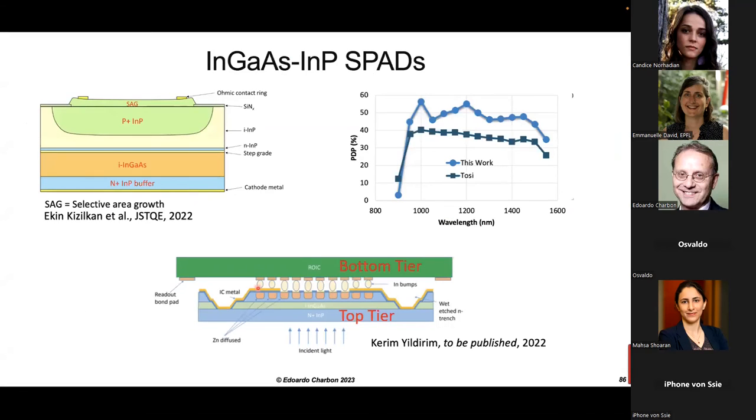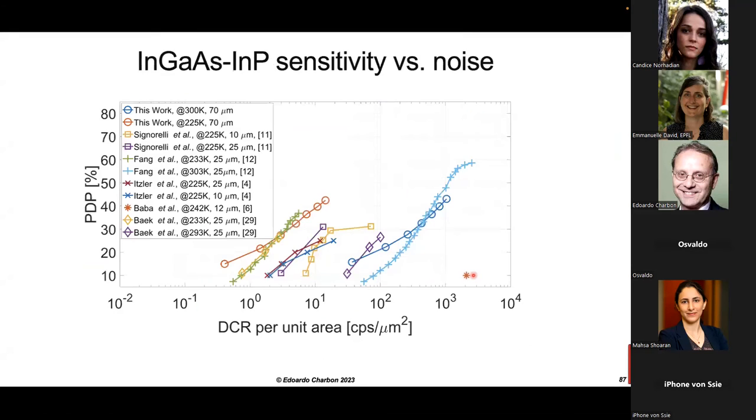This is one that we built in collaboration with NRC in Canada, with a PDP of 50% up to 1.6 micrometer wavelength. And this is the bottom tier that can support up to 96 by 96 detectors. Here you can see a comparison between state-of-the-art InGaAs and indium phosphide detectors.